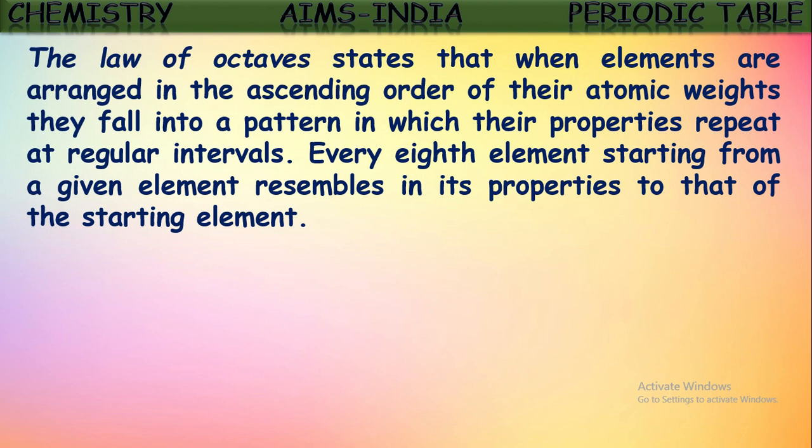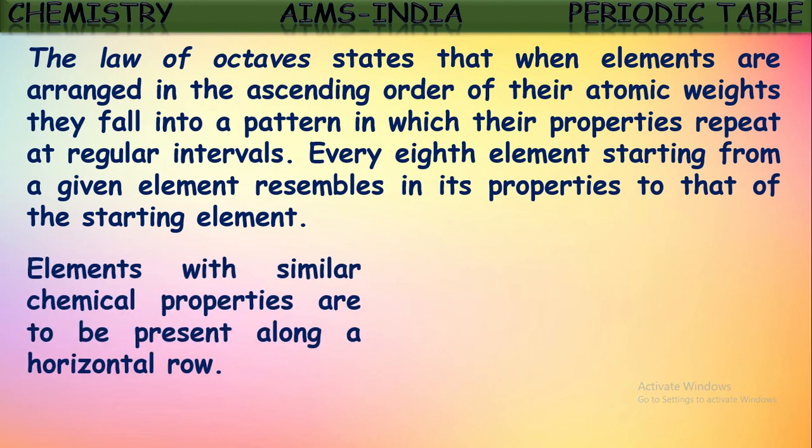So he arranged all the available elements in increasing order of their atomic weights, and observed that the properties of an element in that series resemble the consecutive eighth element. As the properties repeat with every eighth element, he called those elements octaves. In honor of his name, they are called Newlands' octaves.